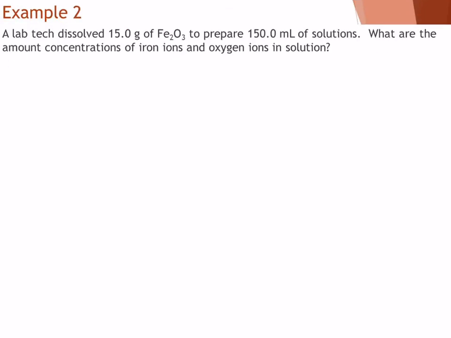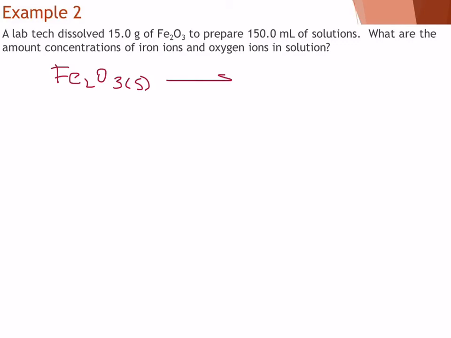In our second example, we're told that a lab tech has dissolved 15 grams of iron 3 oxide to prepare 150 milliliters of solution. What are the amount concentrations of iron ions and oxygen ions in the solution? So remember, we always need to start with a balanced chemical equation when we are talking about stoichiometry.